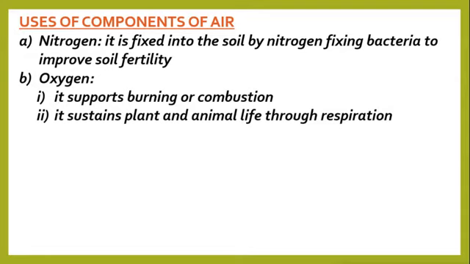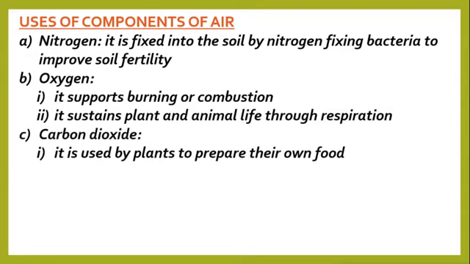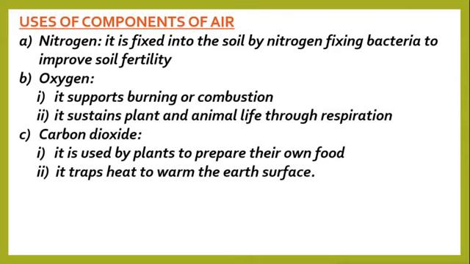Let's look at carbon dioxide. Good. Carbon dioxide, one, is used by plants to prepare their own food through a process called photosynthesis. And of course, the concentration of carbon dioxide in the atmosphere helps trap heat to warm the Earth's surface.